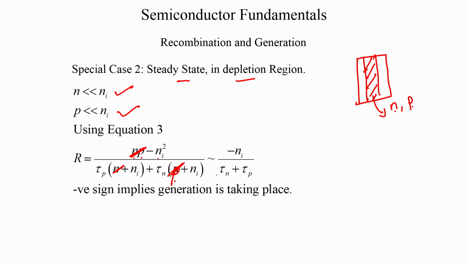And therefore, you end up with the recombination rate being minus ni by (tau n plus tau p), and this negative sign tells you that the recombination rate is negative, which means you are actually having generation. So, in a depletion region carriers are being generated, there is an encouragement towards generating carriers, and that generation rate is ni by (tau n plus tau p).